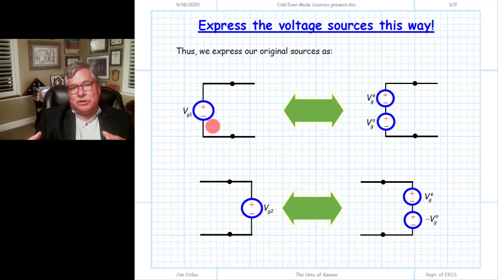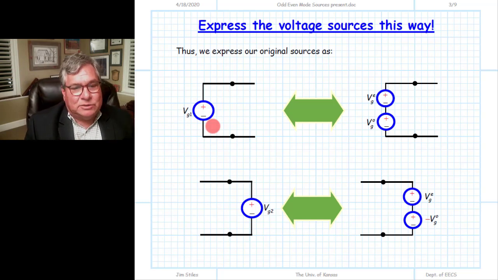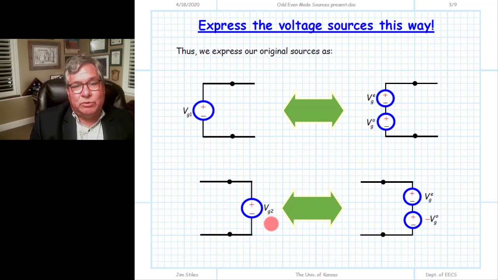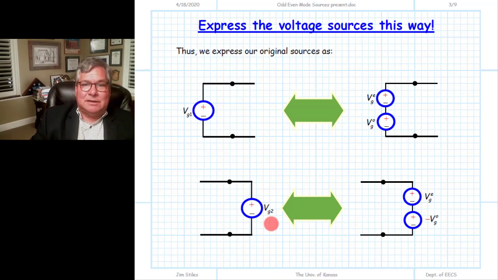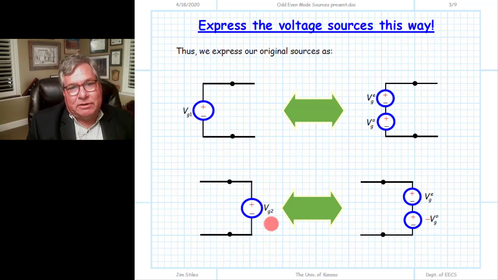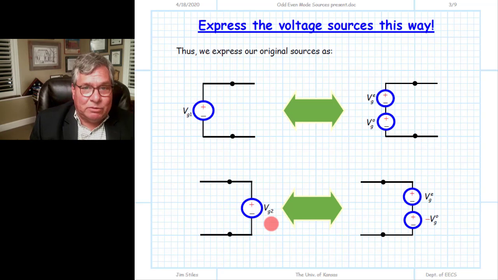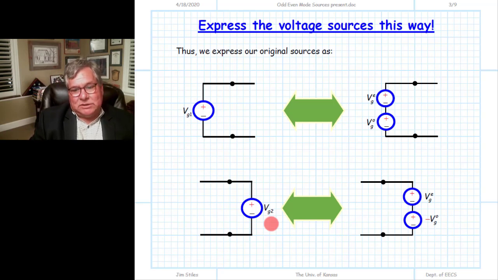And again, this is a more general way of expressing the examples we've done prior. In the case where VG1 and VG2 are equal to each other, we find the odd mode voltage is equal to 0. In the case where VG1 and VG2 were equal but had opposite phase of 180 degrees, we find the even mode was 0 and the odd mode was non-zero.